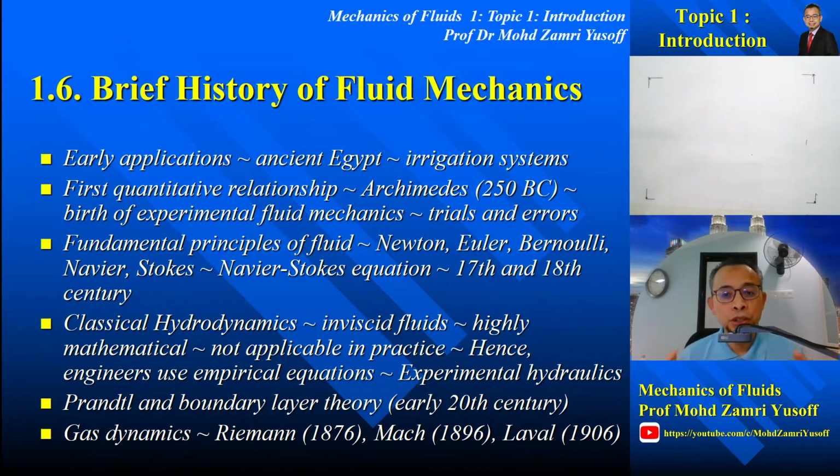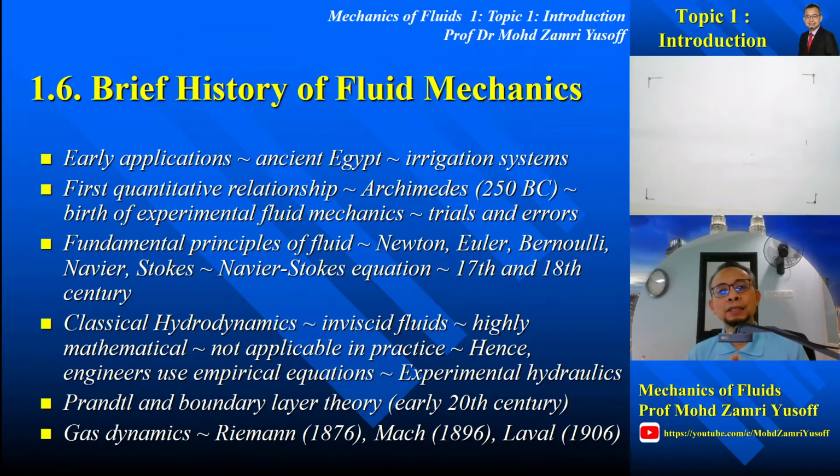A lot of mathematicians have tried to solve these equations. This area is called classical hydrodynamics. And then parallel to that, a lot of work was also done by engineers making use of experiments and then observing the relationships between different parameters. This area is called experimental hydraulics.